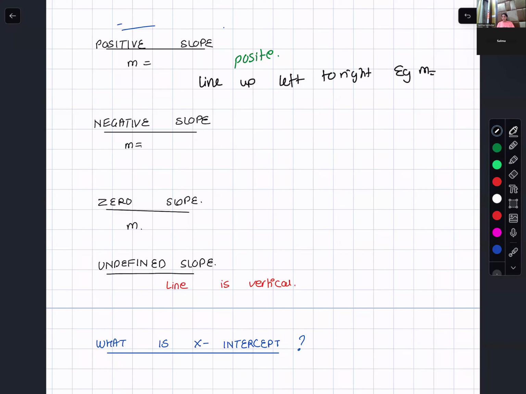Example is m is equal to 2. If I have a negative slope, m will be negative. Say for example, m is equal to minus 3 and here the line goes down from left to right. If I have zero slope, that means m is equal to 0 and the line will be horizontal.